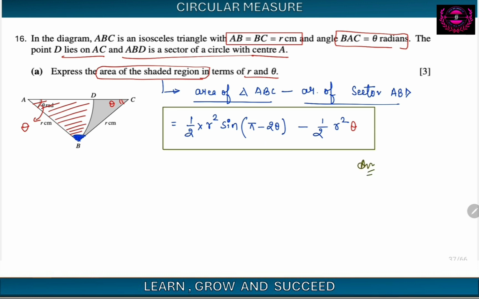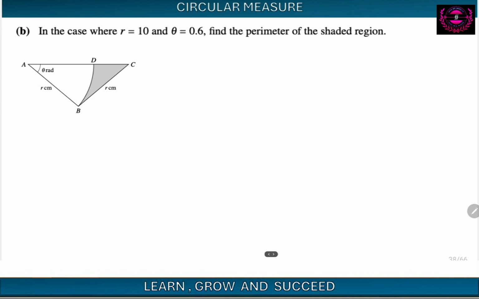Let's move to the next part of this question. In case where R is 10 and theta is 0.6, find the perimeter of the shaded region. So perimeter will be arc length BD plus CD plus BC.